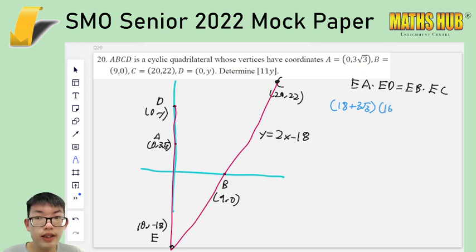ED is 18 plus y. EB is square root of 18 squared plus 9 squared, which is 9 times square root of 2 squared plus 1 squared, which is 9 square root 5. This is 20 squared, 40 squared, square rooted, so that's 20 square root 5.